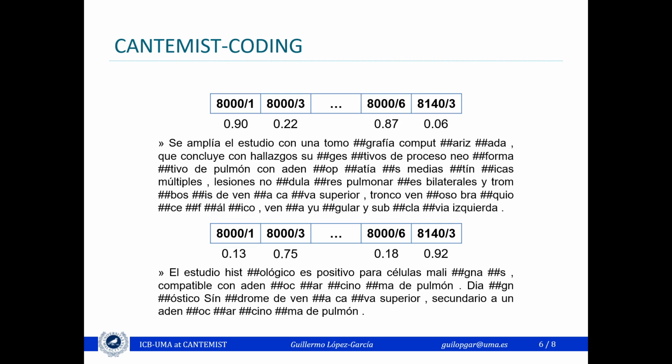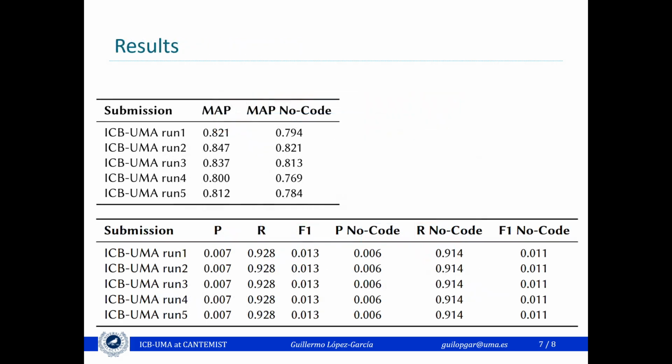For this reason, the last step of our developed approach consisted in applying a maximum probability criterion to obtain the code's probabilities at document level. In this way, for each code, we simply selected the maximum probability predicted by the model across all fragments in a single document.